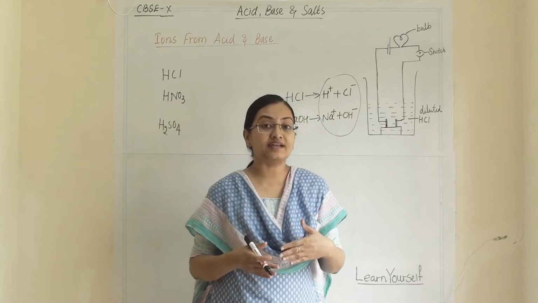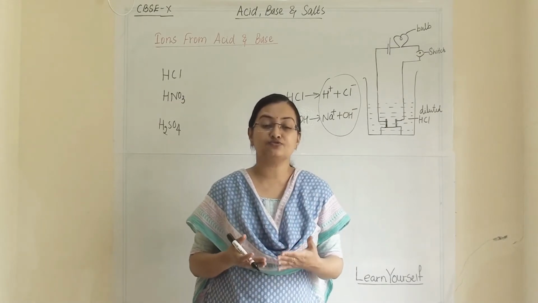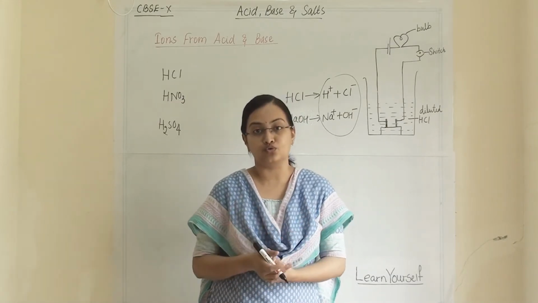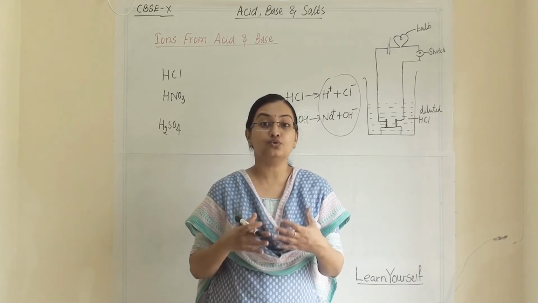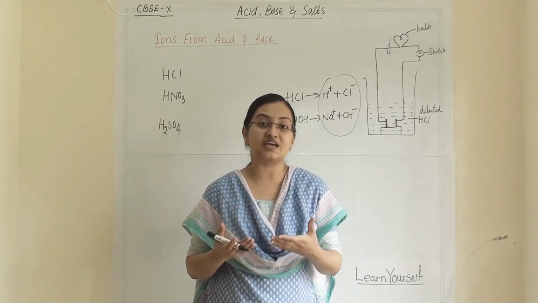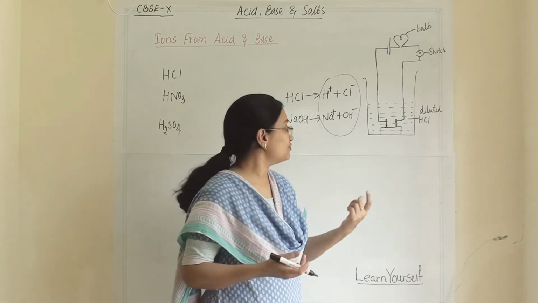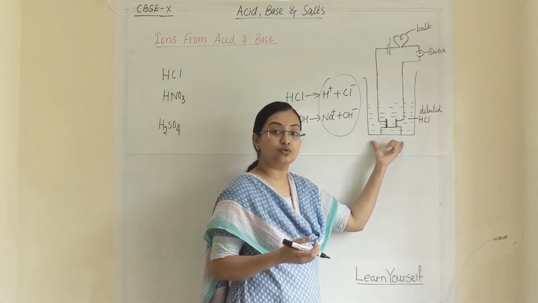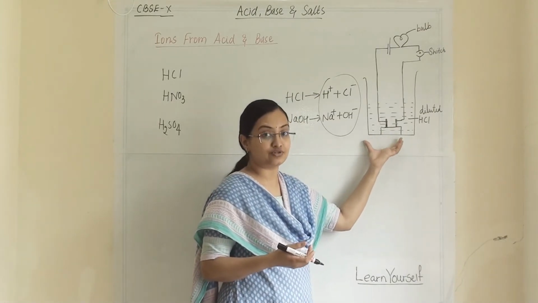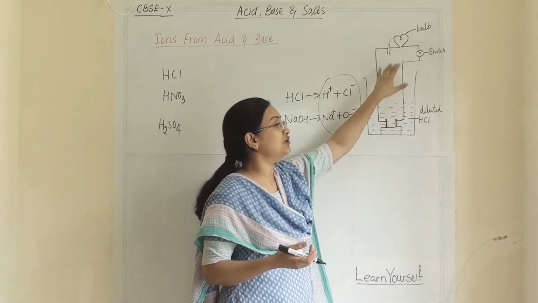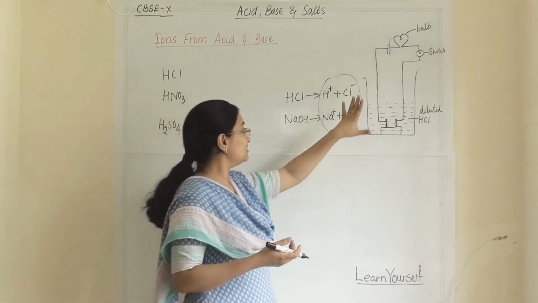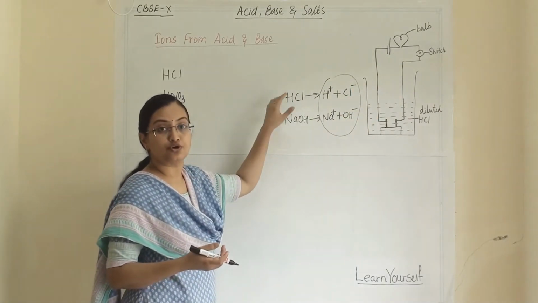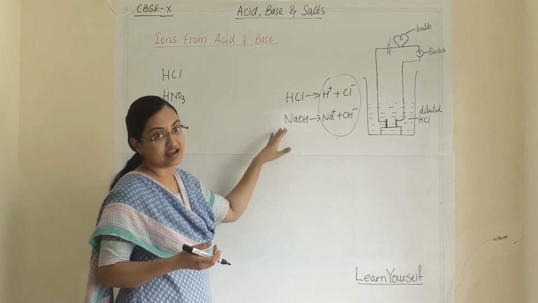We are not getting those kind of ions from alcohol and glucose, because those products won't dissociate and give us ions. So when you are taking alcohol and glucose compound as an electrolytic solution, the bulb will not glow. So this is a dissociation product of acid and base.